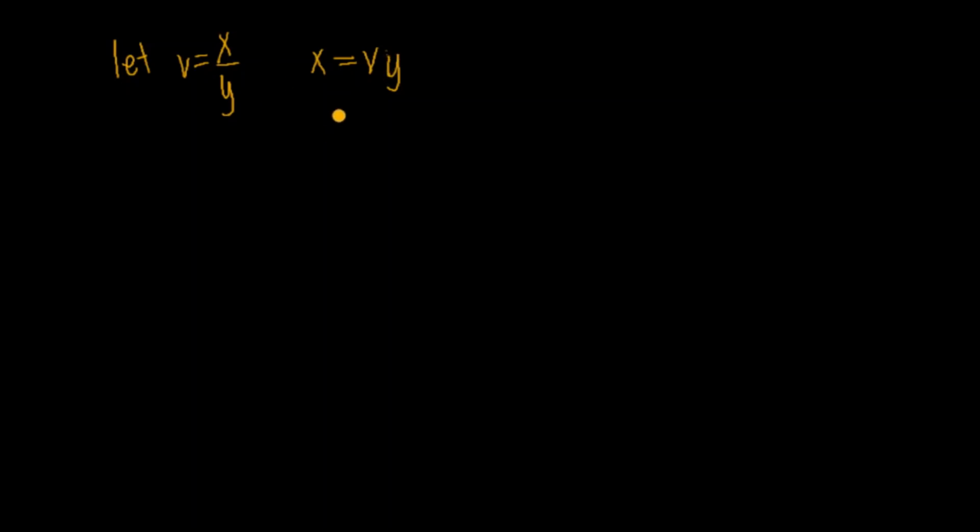Taking the differentiation with respect to y, we have dx over dy, the derivative of the left hand side expression, is equal to the derivative of the right hand side expression by product rule. We have v dy over dy plus y dv over dy.